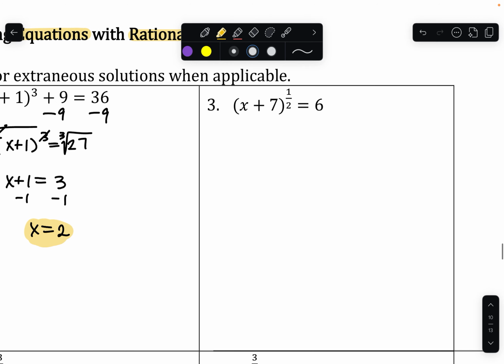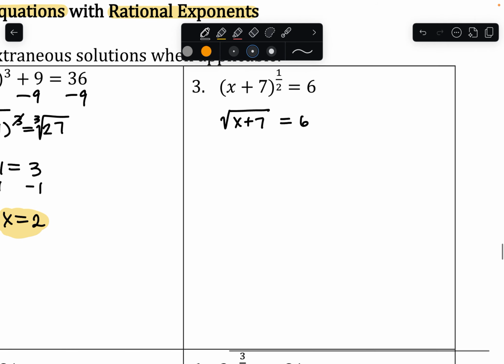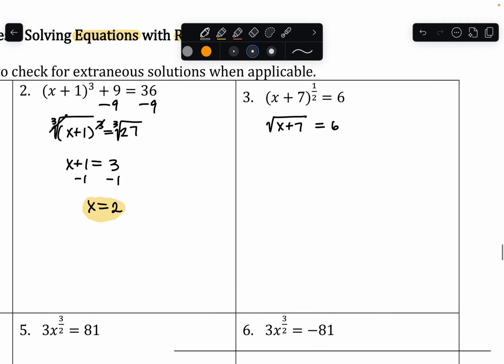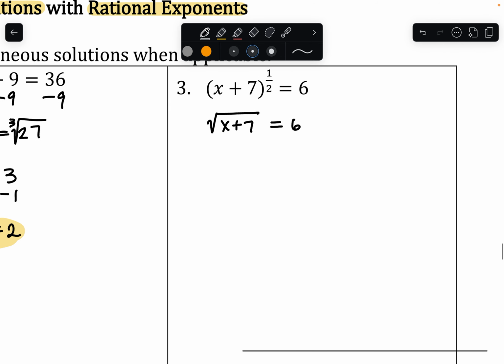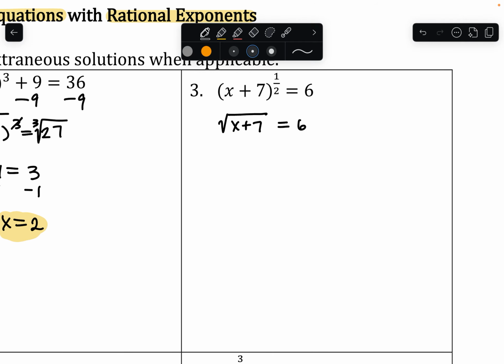Okay, and so in this next one, it's square root. That 1/2 power is the same as square root. So if you want, you can rewrite this equation using the square root notation because that'll help you keep things straight and keep you from missing critical things like square root equal to negative doesn't exist. And so I like to rewrite it in terms of square root just because it helps me from making careless mistakes.